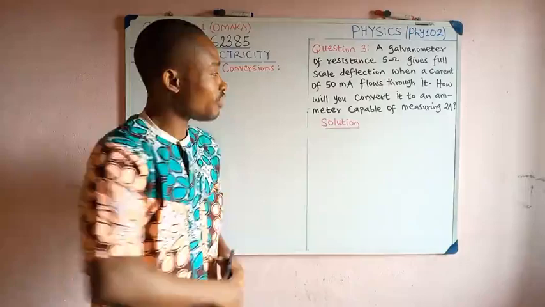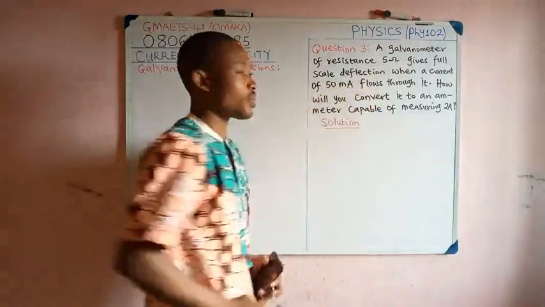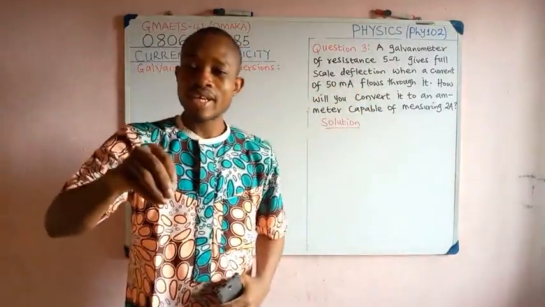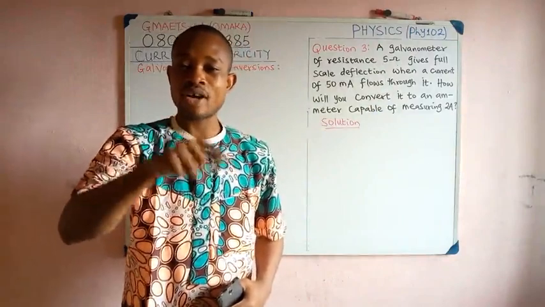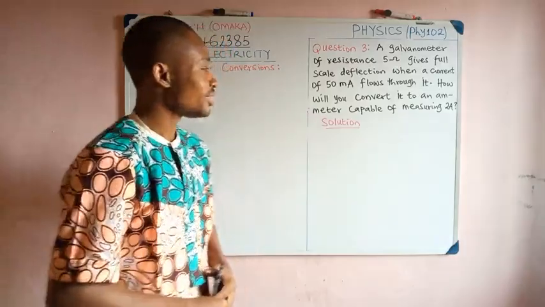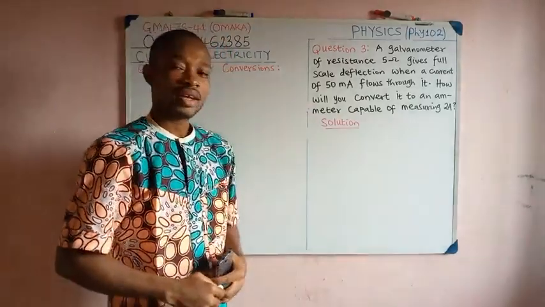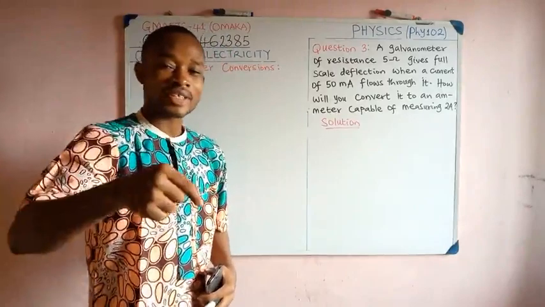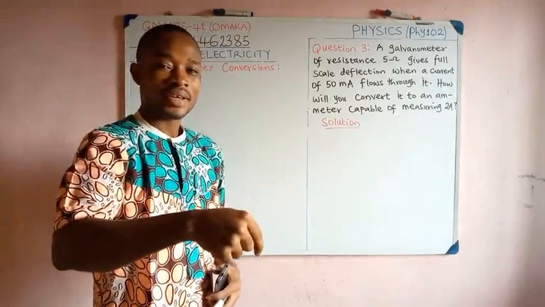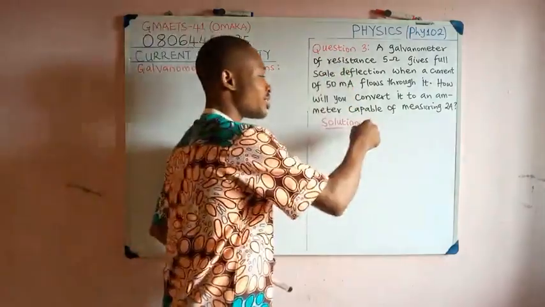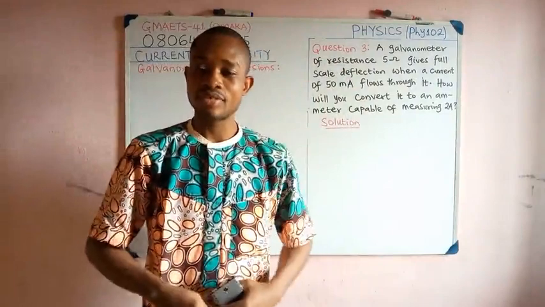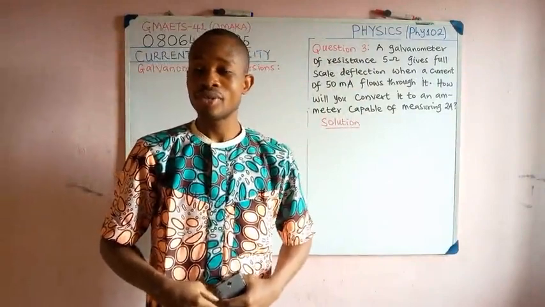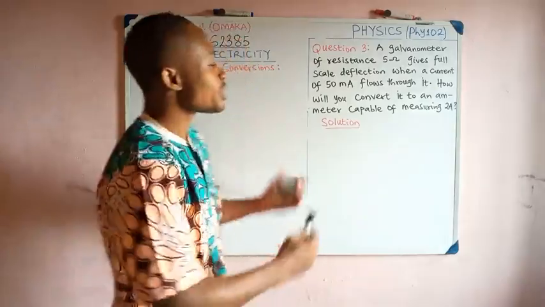The resistance of the galvanometer is 5 ohms, alright? Now the galvanometer can only measure 50 milliampere current at full scale deflection. Now you're being required to determine how you can convert it to an ammeter capable of measuring a current of 2 amps. So how do we solve this problem?